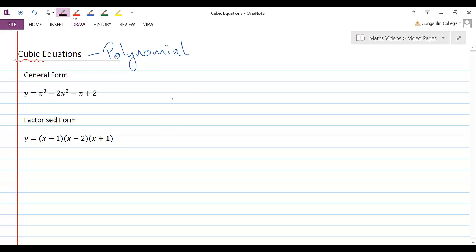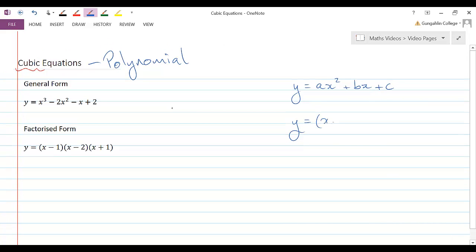Now, just like quadratic equations, which were ones that look like this, could be written into a factorized form like this, we can also factorize cubics, so we can get it into a form that looks like this.